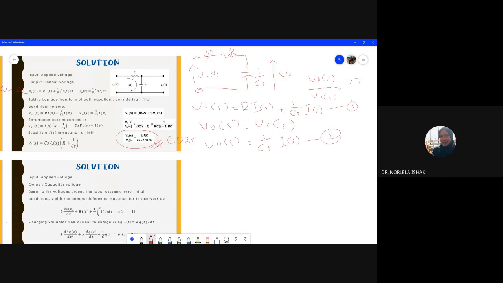So we substitute equation 2 into equation 1. So we can get Vi(s) equals R I(s) plus V naught(s). So I can get this equation. Is it correct?